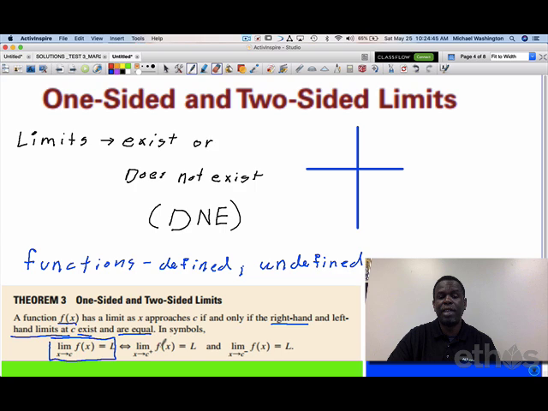The limit of f of x as x approaches c from the right side equals some value L. The limit of f of x as x approaches c from the left side is also equal to the value L. Because, and this is very important, the left-hand limit and the right-hand limit exist and are equal to the same value, the two-sided limit does exist and it's also equal to the same value L.